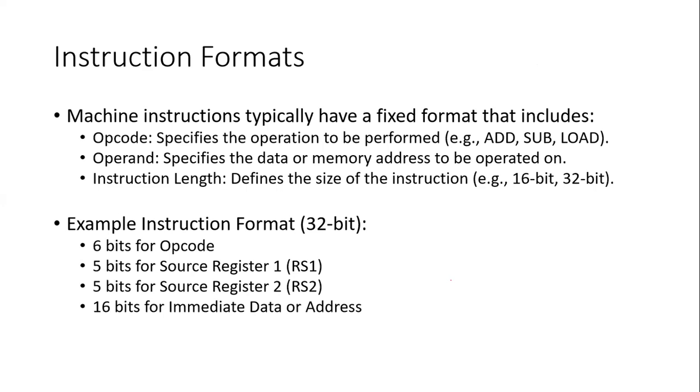This is more like an instruction format for 32 bits, right? So once we add all of this together, 6 plus 5 is 11, plus 5 is 16, plus 16, that is 32 bits, right? So this instruction format already splits the 32 bits. We're going to use 6 bits for opcode, 5 bits for the first register, another 5 bits for the second register, then 16 bits for the immediate data and address, okay?